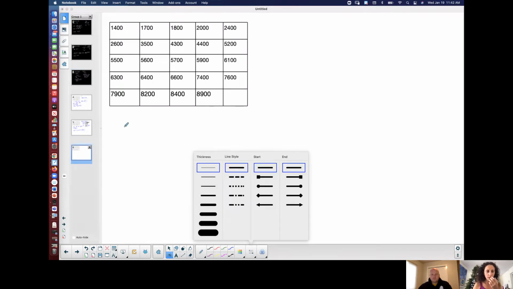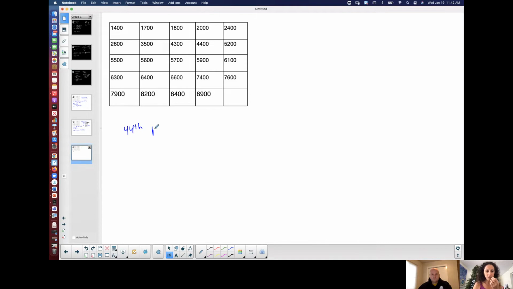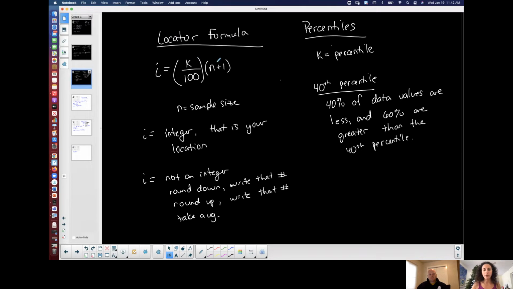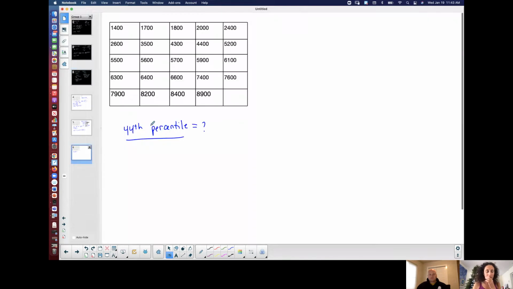So let's say that in this one I want the 44th percentile. Let's find that, okay? To find the 44th percentile, I want to find the data value that lies 44% into the data set, if that makes sense. They're already ordered from least to greatest. That part is good. I'm going to use the locator formula. So if I want the 44th percentile, my K is 44.